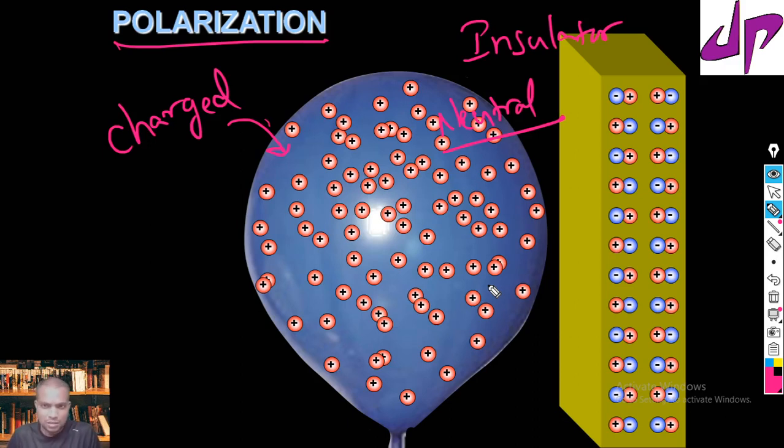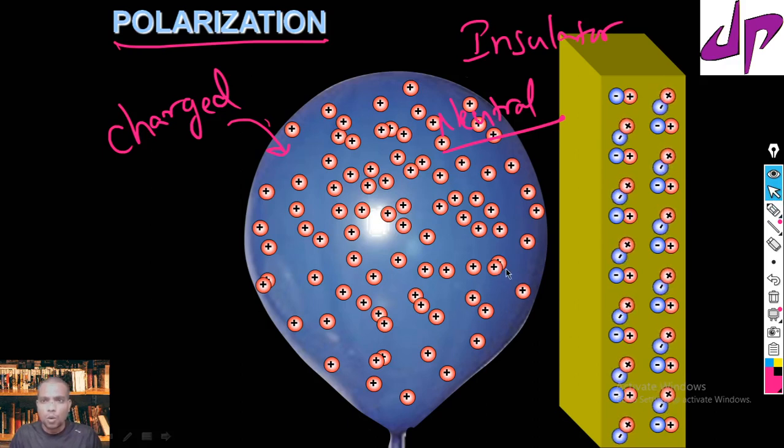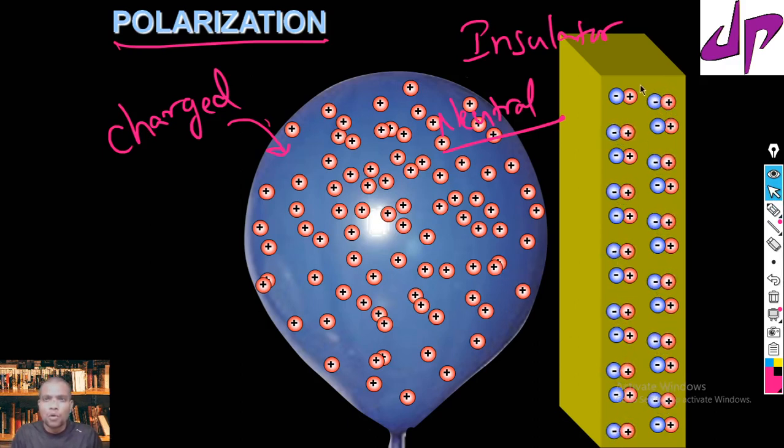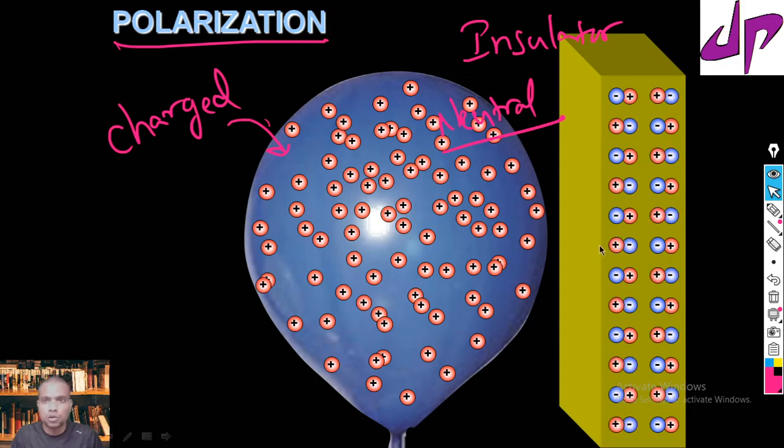But if you bring a charged object close to an insulator, the effect of the charged object on this insulator causes the orientation of the molecules. Observe one more time. If this is a neutral object, you can see the positive and negative charges are electrically neutral.